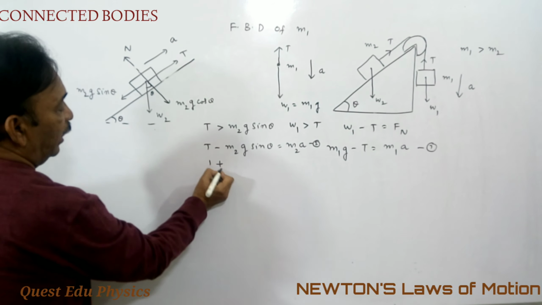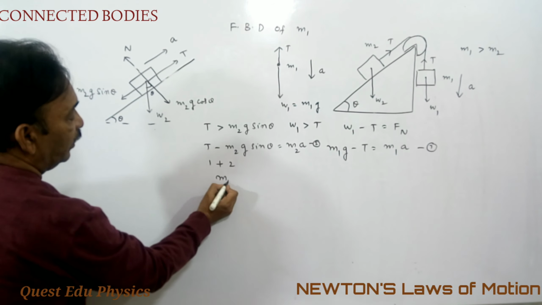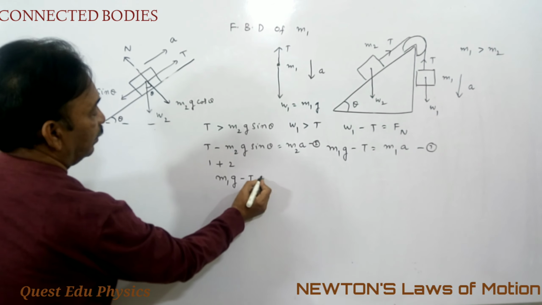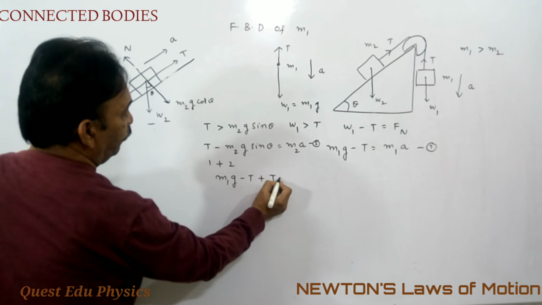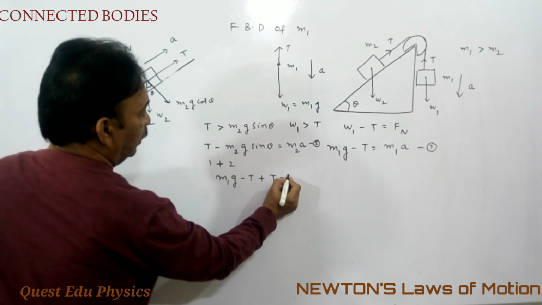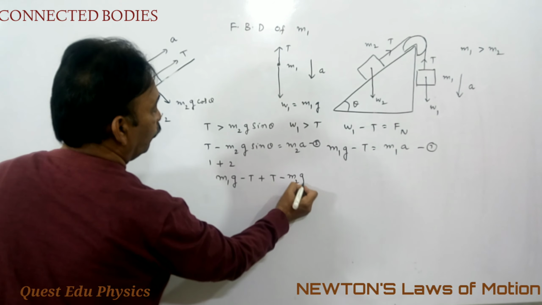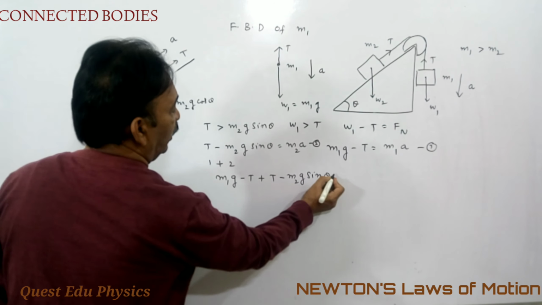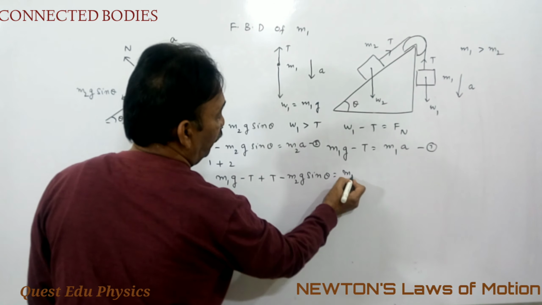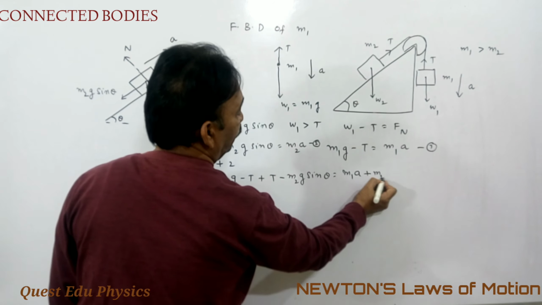Adding 1 and 2. What do we get? M1G minus T plus T minus M2G sin theta is equal to M1A plus M2A.